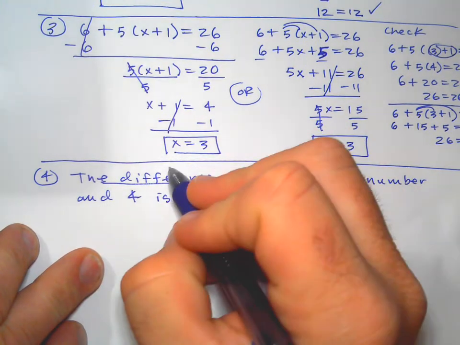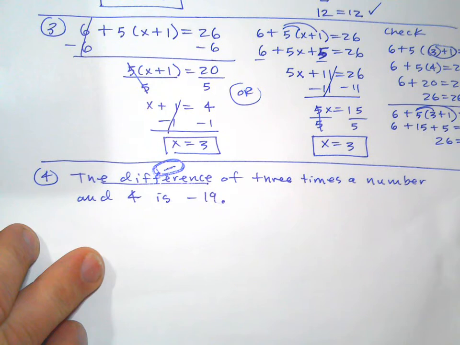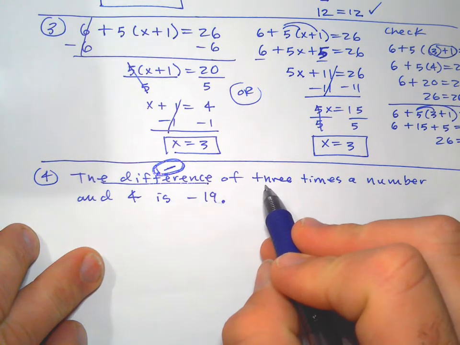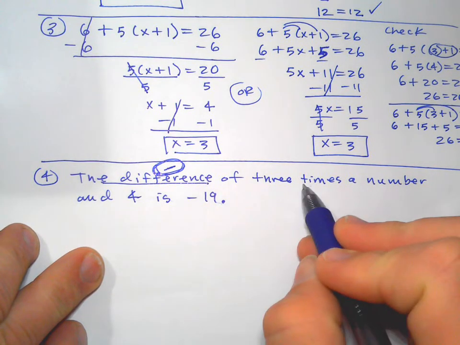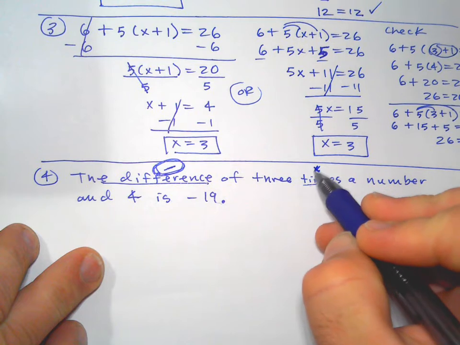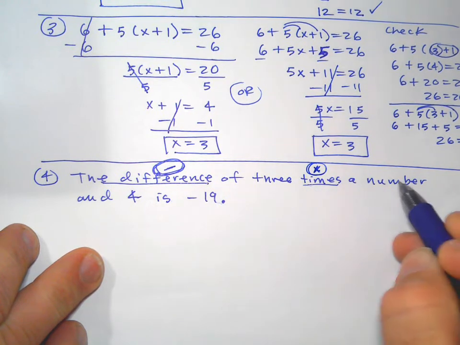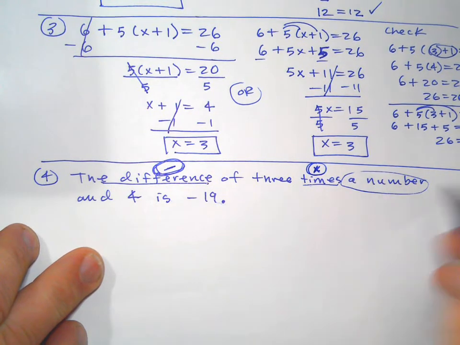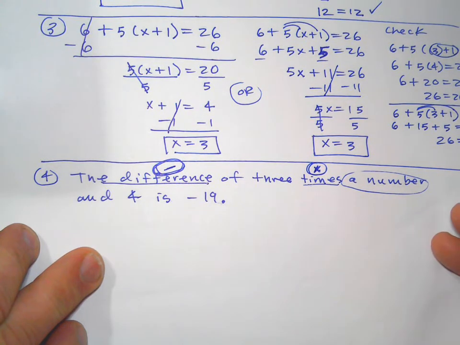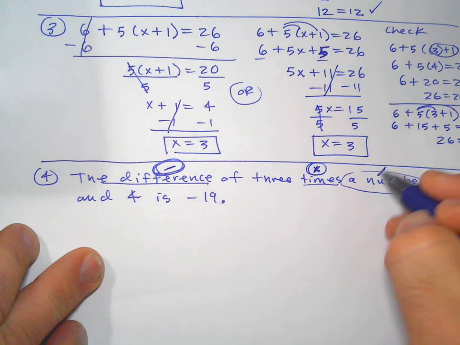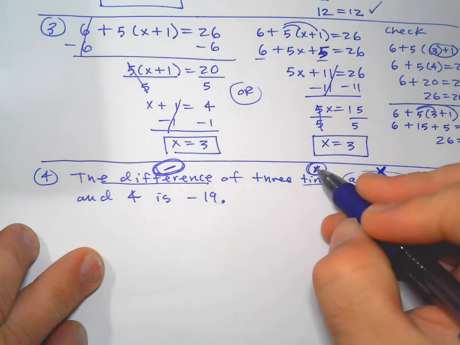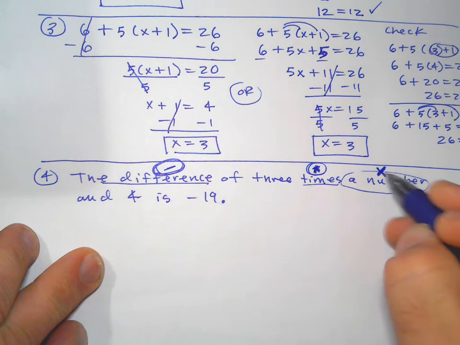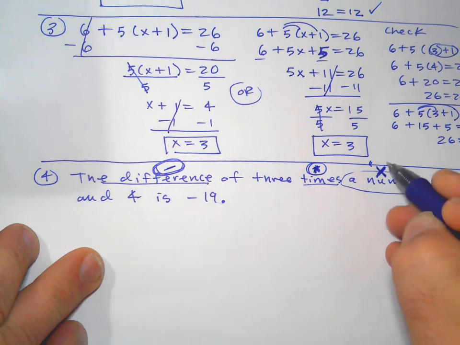Now, difference is going to be subtraction, right? Of 3 times, well, times is going to be multiplication, right? 3 times a number. Now, when we see a number, that's where we need to create a letter. That's the thing we don't know. That's the thing we're looking for. So X is pretty common. You don't have to use X, but this is probably where we're going to put our x.